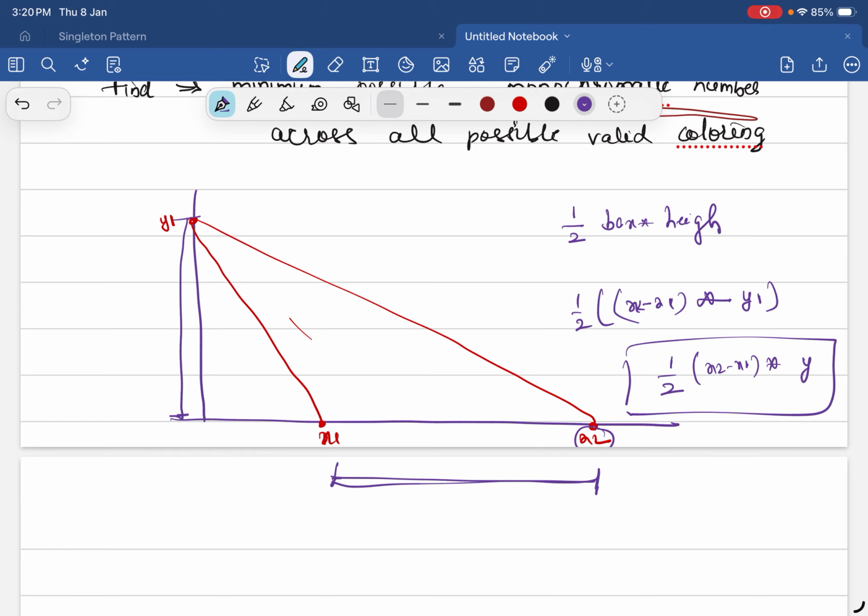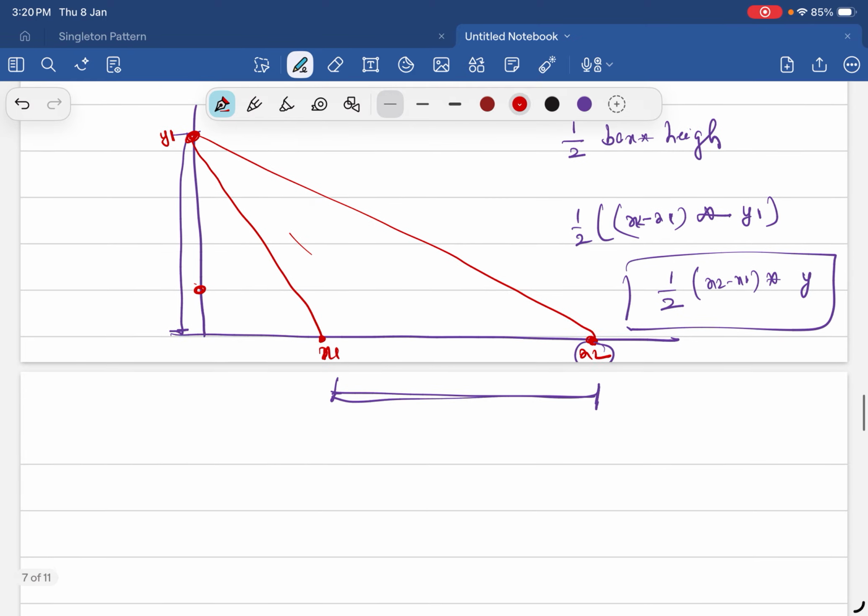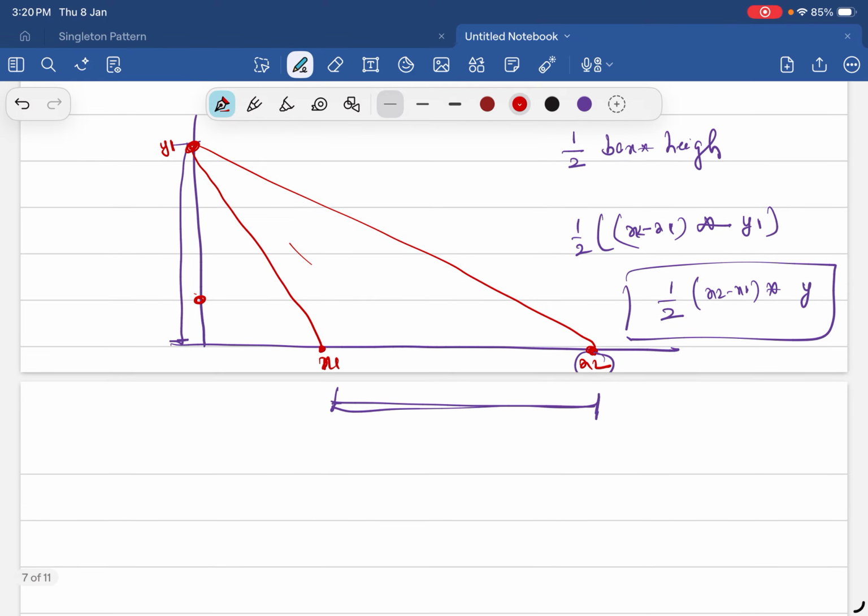Now I can select 2 red points on the y-axis also and 1 point on the x-axis. Yes, in that case what will be my area? My area will be half, now my y is changing, y2 minus y1, into x1, or x1 or x2, anything.